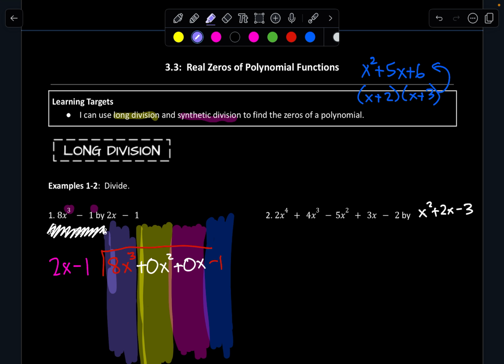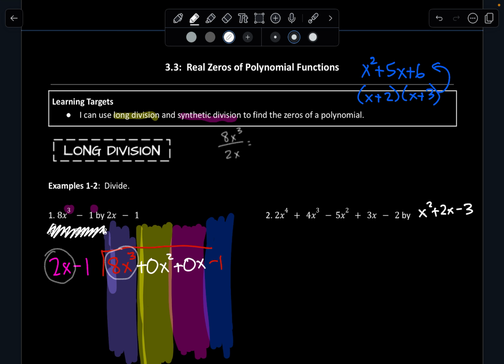Okay. So when we do long division, we really only care about the first term of each to start with. So here and here, these are the two things we're interested in. The question is, 2x times what would get us to 8x cubed? Or you could think of it as 8x cubed divided by 2x. I prefer the other way.